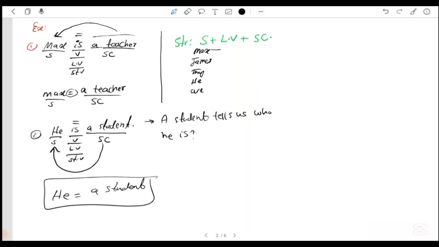Then we have a verb. For Max and James, the verb is is. For they, the verb is are. For he, the verb is is. For we, the verb is are. We talked about the verbs. Like Max is a police. James is a police. So this is the verb, and this is the subject complement.